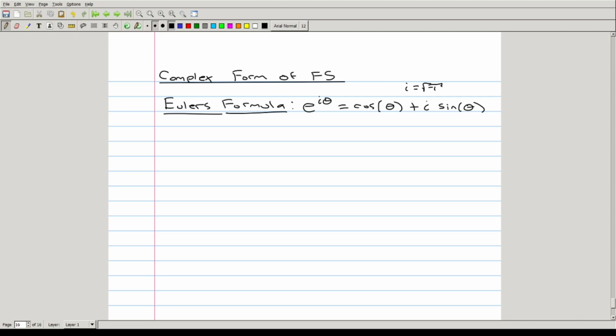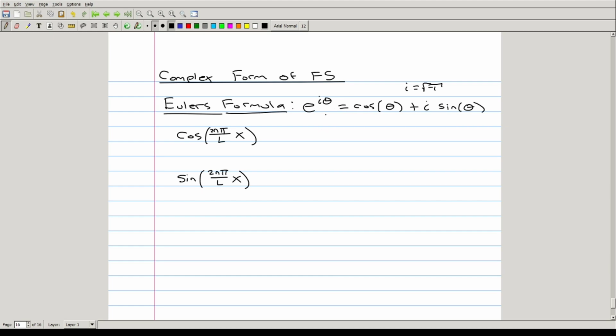But the idea is that we want to take this and see how we can apply it to the Fourier series. We know that in the Fourier series we have a term cosine of 2n pi over L times x, and we have sine of 2n pi over L times x.